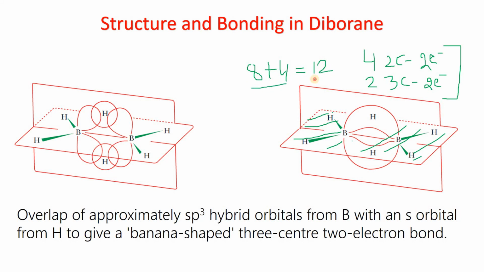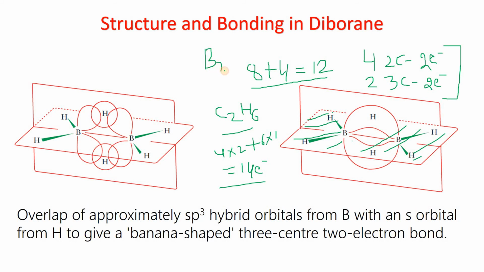The corresponding similar molecule is C2H6. How many electrons does it have? 4 into 2 plus 6 into 1. So how many in total? 8 plus 6, 14. So in ethane there are 14 electrons, but in B2H6 we have only 12 electrons.